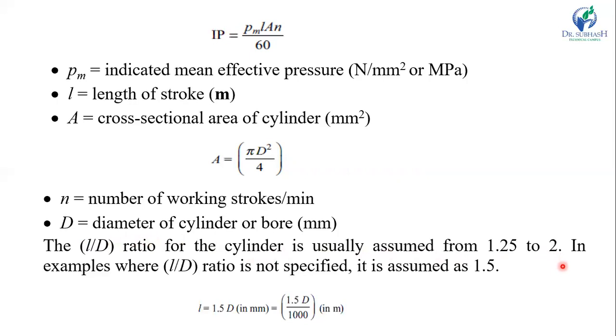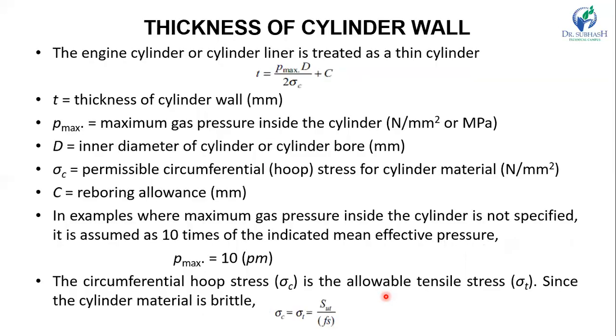In an example where this L by D ratio is not specified, it is assumed as 1.5. Therefore, the stroke length L is equal to 1.5 D in millimeter, so in meter it is 1.5 D by 1000. You can find the stroke length from this equation.